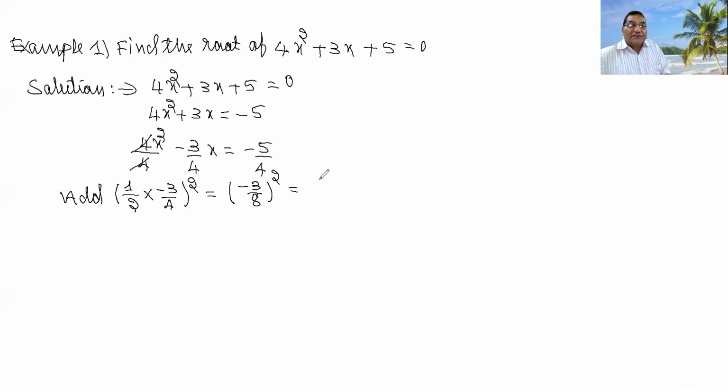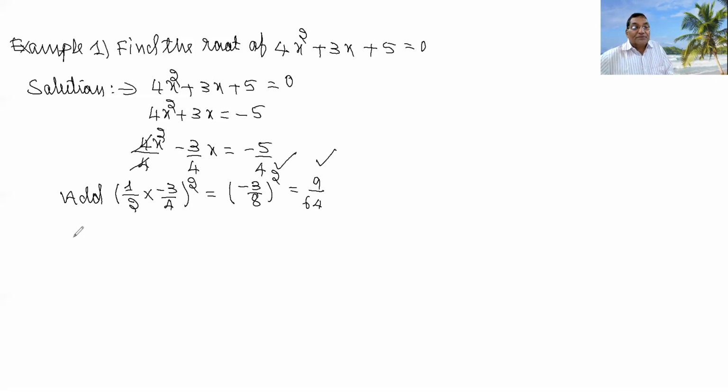3 square is 9. 8 square is 64. And this should be added to RHS, and this should be added to LHS. This is okay.